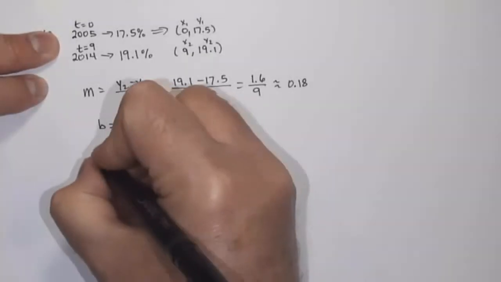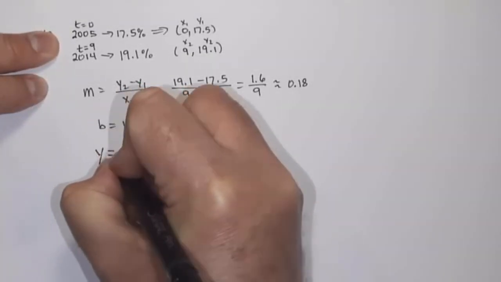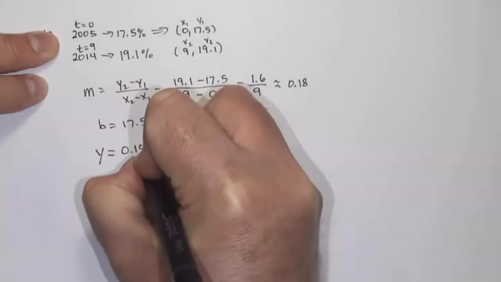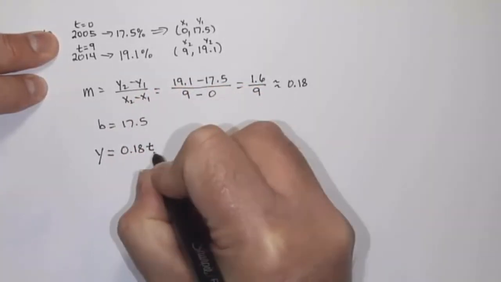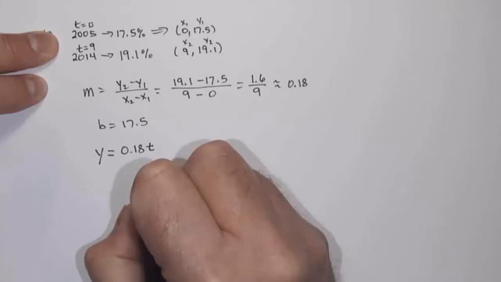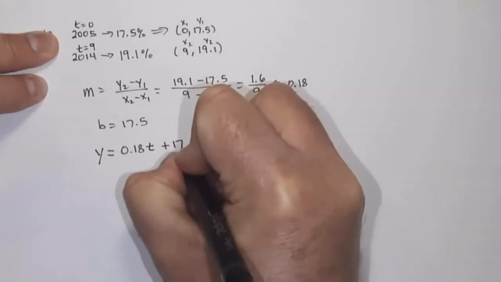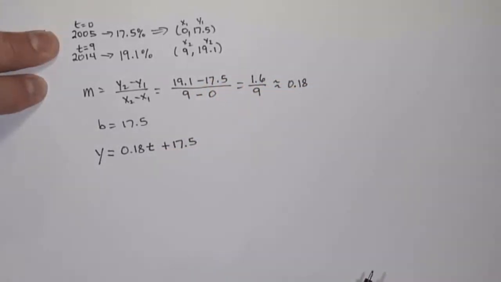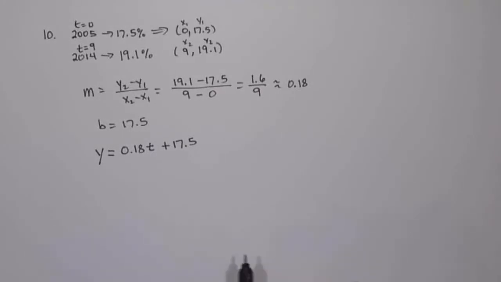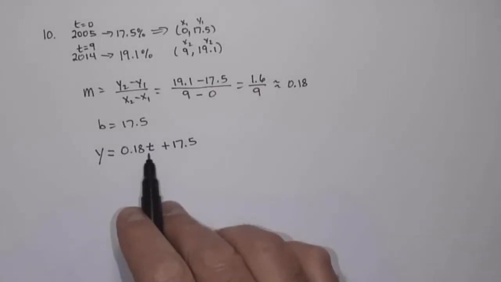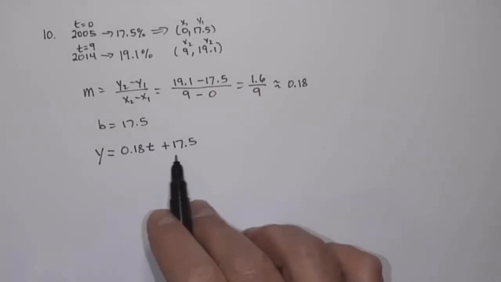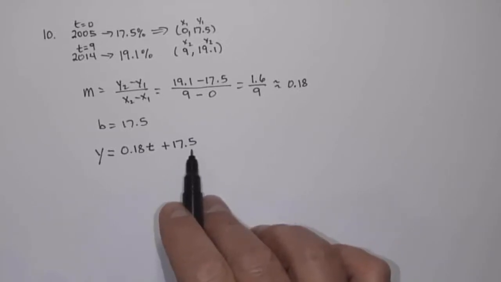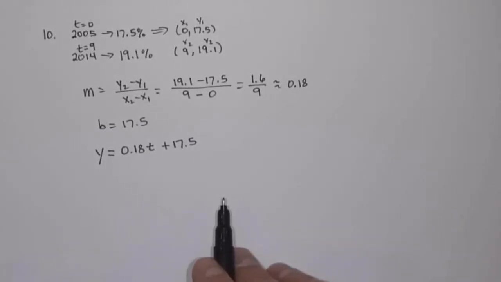So my equation is going to be y equals 0.18 times the time, so I'm going to call that t instead of x, plus the 17.5 because that is the y-intercept. So if I substitute in the year, multiply by 0.18, add 17.5, that's going to give me the percentage of individuals who are participating in sports, recreation, and exercise.